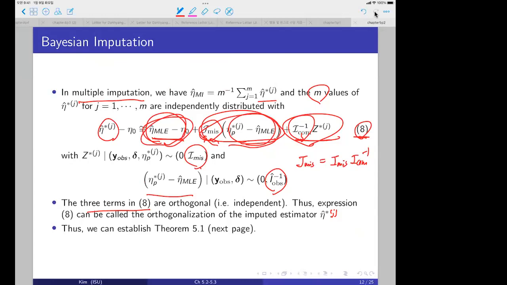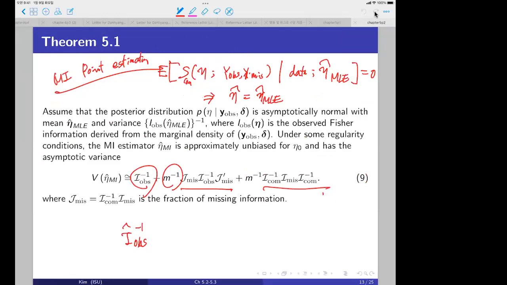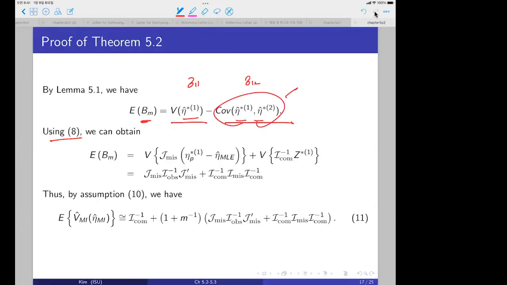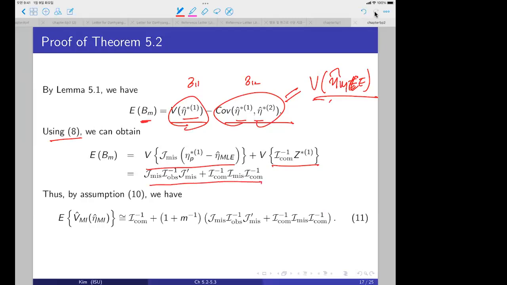So when you compute the covariance, it is actually equal to the variance of the eta hat MLE. And the variance term has 3 terms. So you have the variance of the 3 terms minus the variance of the MLE, so that you have these 2 terms, which is this one. So that gives this formula.